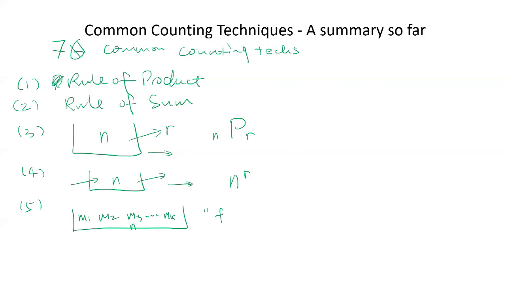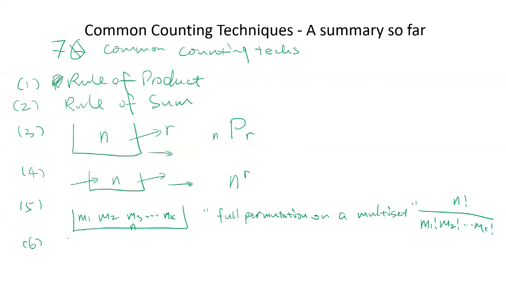This is called full permutation on a multi-set. The result is n factorial divided by M1 factorial, M2 factorial, up to Mk factorial.